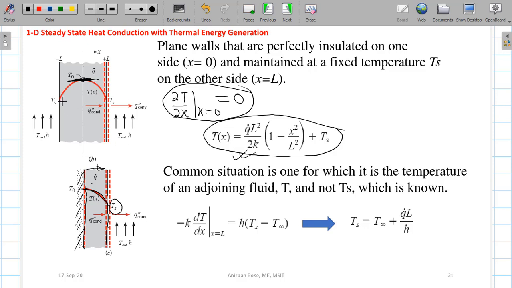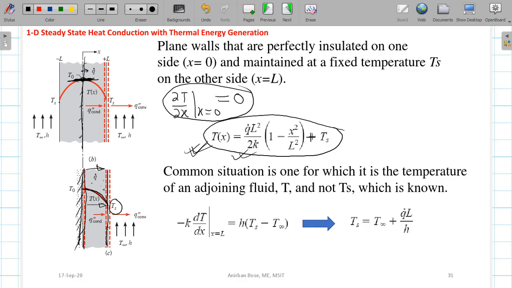The same equation is also applicable for the situation if we consider that one end is insulated and you want to find out temperature at any point. These two situations are exactly similar, because at this point it can be considered as if insulated, because the temperature gradient here is 0, which means there is no heat flux crossing this surface.